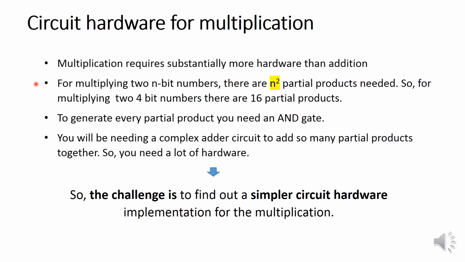So, for example, for multiplying 4-bit numbers, 16 partial products are generated. For multiplying 8-bit numbers, 64 partial products are generated, and so on. Remember that to generate every partial product, you need an AND gate. So you will be needing a complex adder circuit to add so many partial products together. That's why you need a lot of hardware.